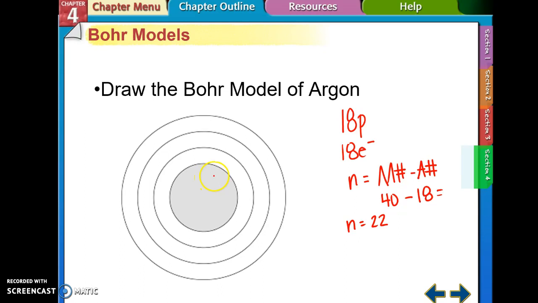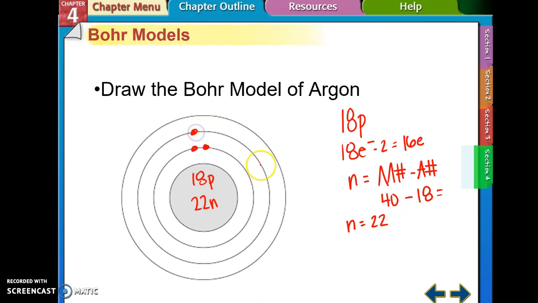So I'm going to start off with my nucleus, 18 protons, 22 neutrons. And now I'm going to draw my 18 electrons. The first two go right there. So now I've got 16 electrons left. The next ring can hold 8 electrons.